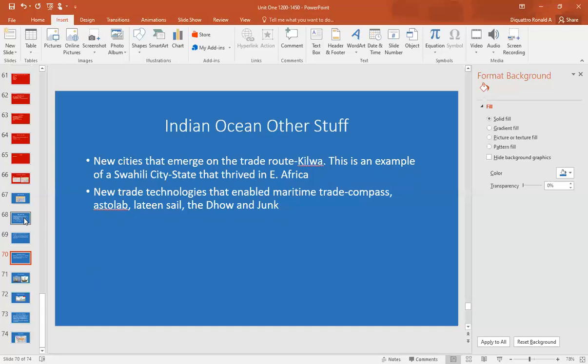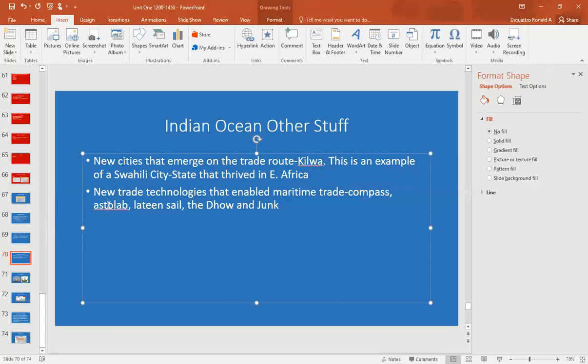The astrolabe is a technology that helps you realize where you are in relationship to certain stars. And this is going to be one of the things that makes sea-based trade possible.